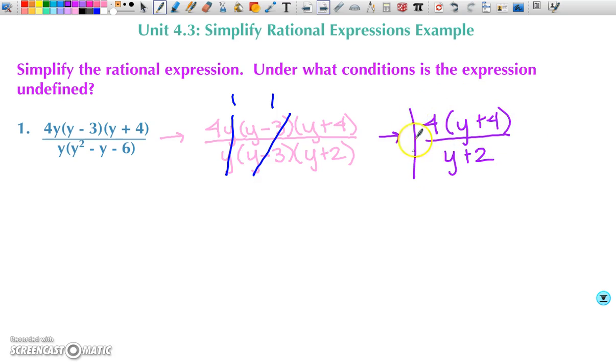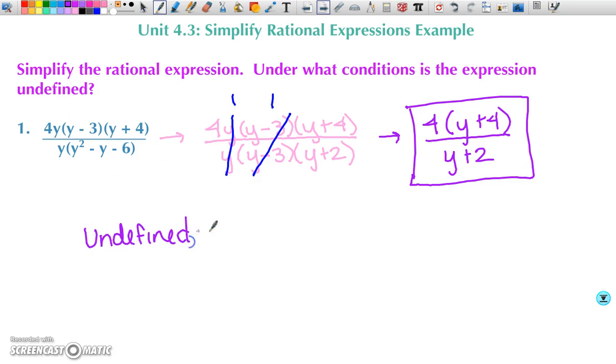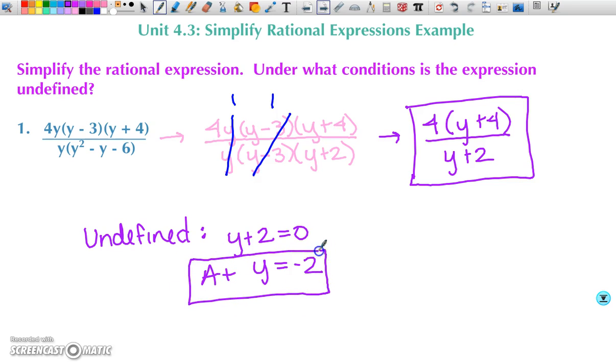You can just leave it like this. This is totally okay. And then the last part is where is it undefined? Well, the part where it's undefined is where you would set your denominator of y plus 2 equal to 0 and solve it. So it is undefined at y equals negative 2.